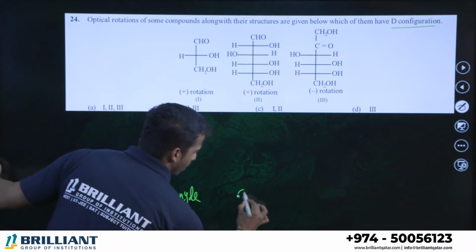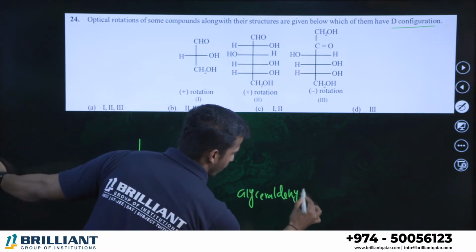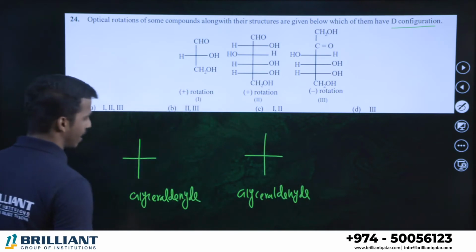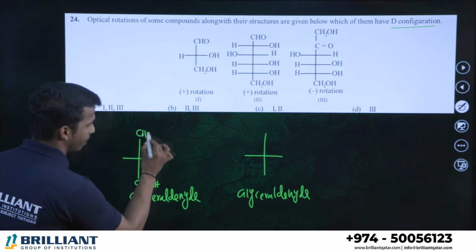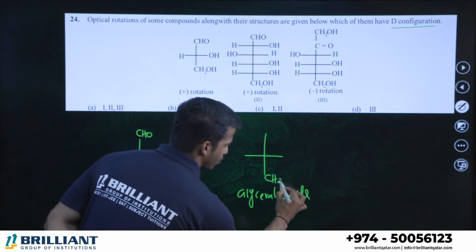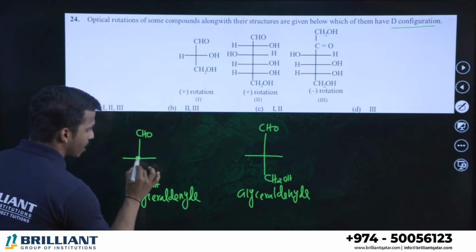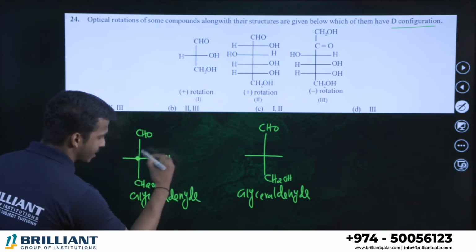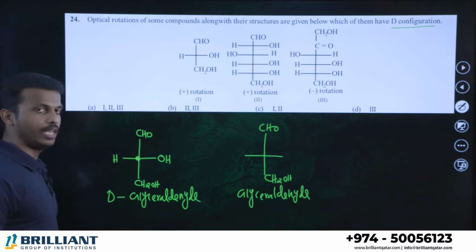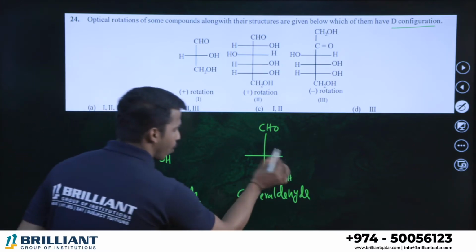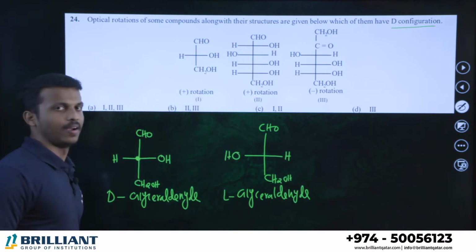This is glyceraldehyde, with CH2OH at both ends. If on this chiral carbon the OH is on the right side and H on the left side, then it is called D configuration, D-glyceraldehyde. If OH is on the left and hydrogen on the right, then it is called L-glyceraldehyde.